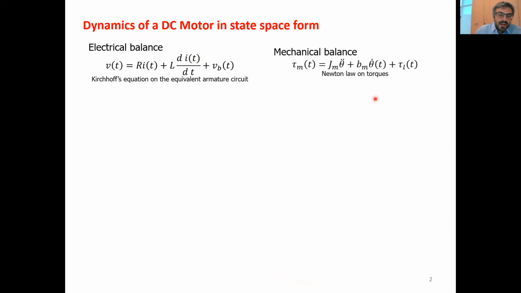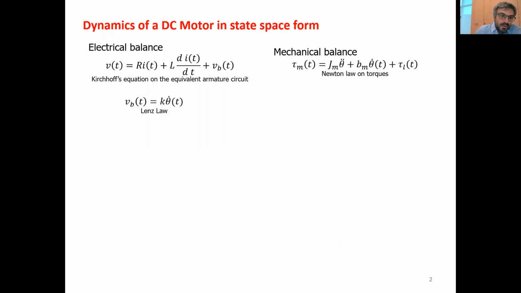Then if we look at the mechanical equation, we have the inertia of the motor, rotor, times the acceleration, plus the friction torque, and any possible external load torque.